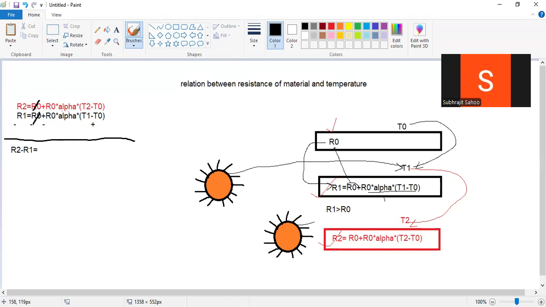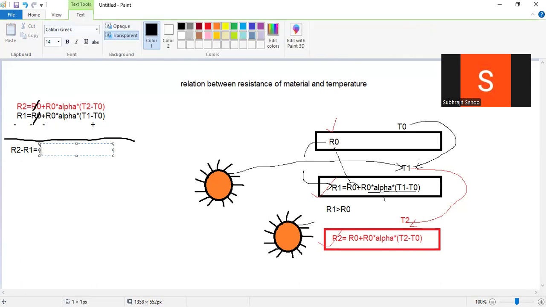Here R naught alpha and R naught alpha are the same, so I can take it common. What value will I get? R naught into alpha. Symbol is not there, that's why I'm writing the word alpha, but you have to write the symbol only.